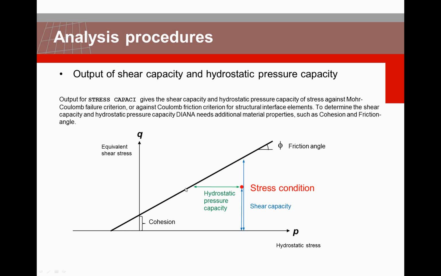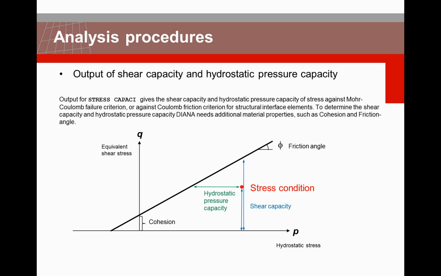Some more output items, for example, in a nonlinear analysis for interface elements, the stresses and strains, the tractions, can be checked against the Mohr-Coulomb failure criterion. For example, stress capacity results can be output, in which the shear capacity is defined as the ratio of the shear stress from a certain stress condition to the distance from the hydrostatic axis, at the same hydrostatic stress, to the yield surface.